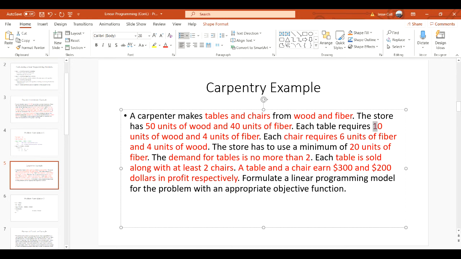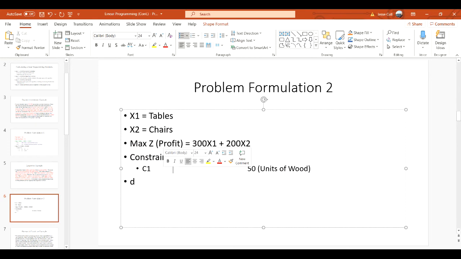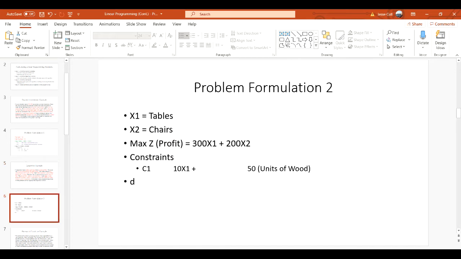So tables are x1. So 10x1, which is the wood for each table, plus 4 units of wood for a chair, so 4x2 must be less than or equal to 50.